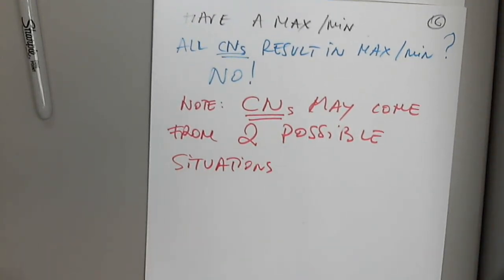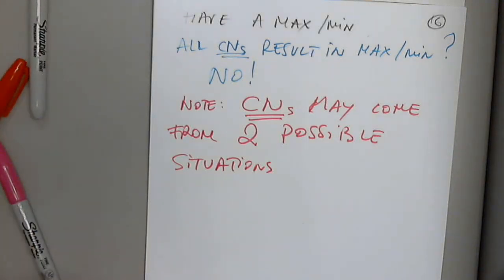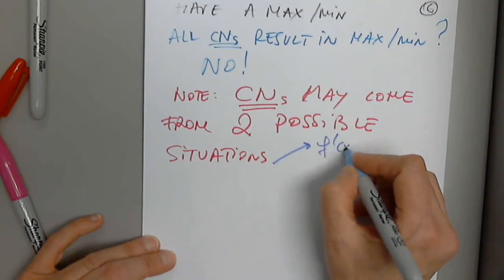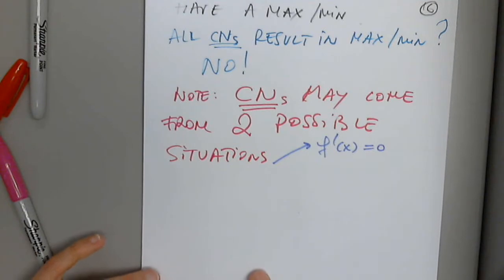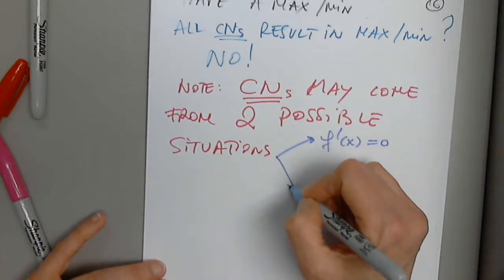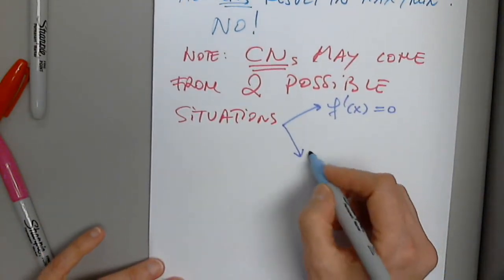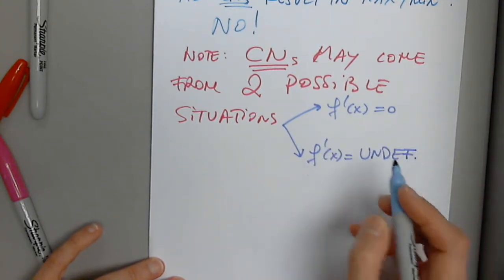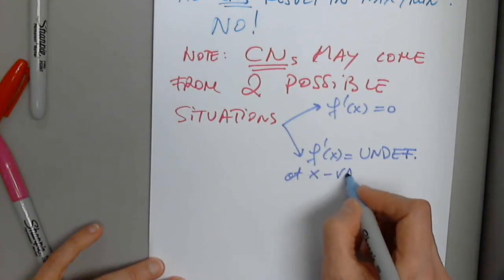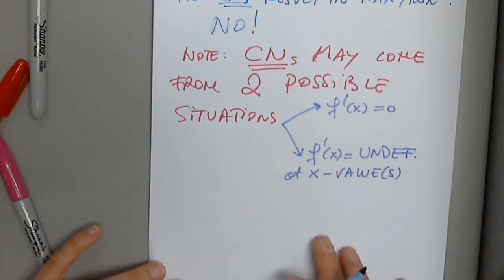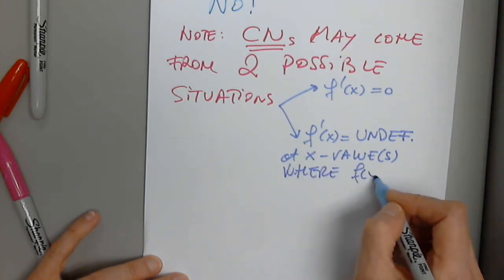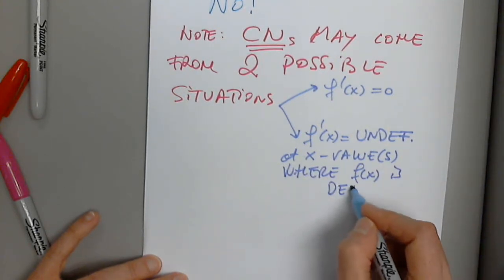So if a function has critical numbers, I have to check if they come from, first situation, f prime of x being 0, and the second situation, f prime of x being undefined at x values where f of x is defined.